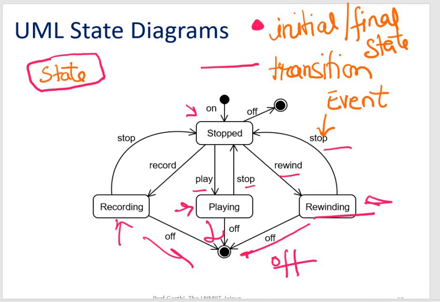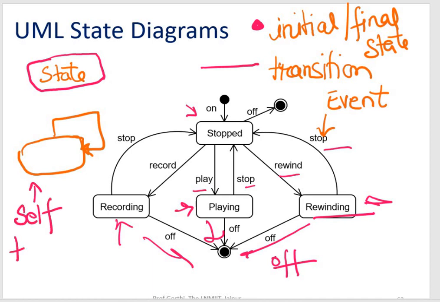The arrow is labeled with the event which causes the state change. So the arrow is labeled with an event, and your rectangular boxes with a circular end are the state.